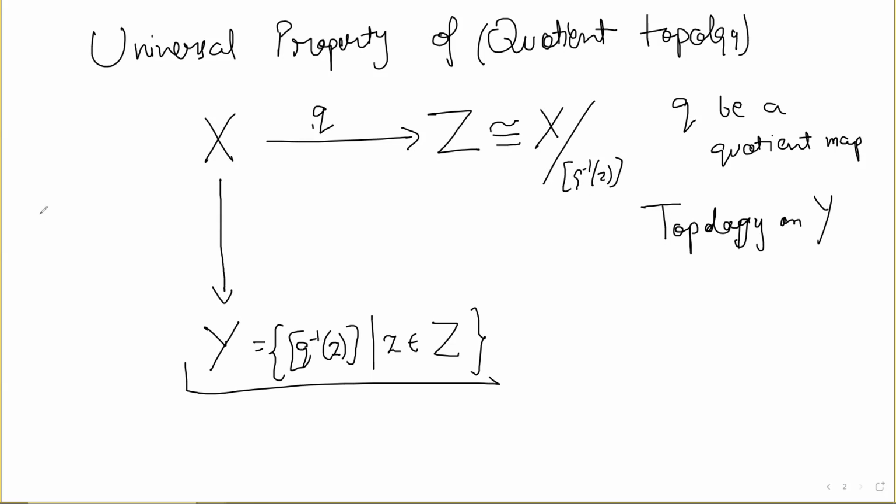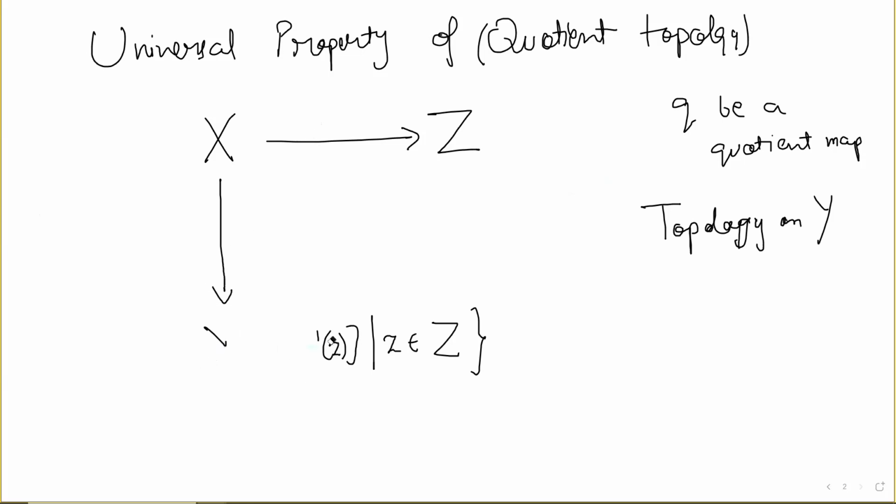But then there should be something more to the universal property of the quotient, right? The universal property will be with respect to some other maps, arbitrary up to the extent that you have to take a continuous map.